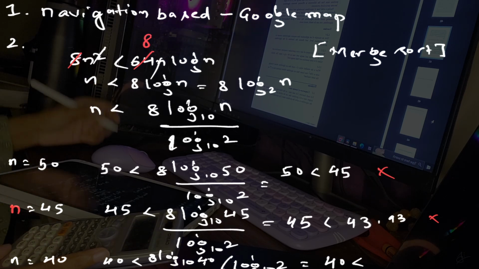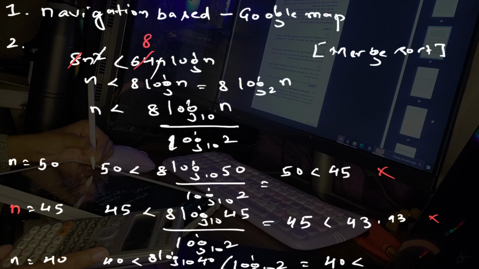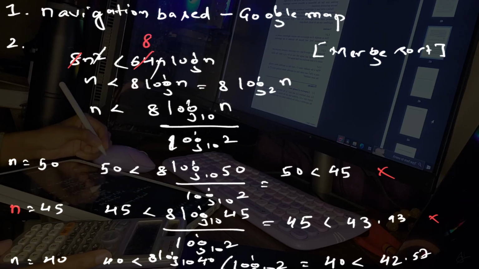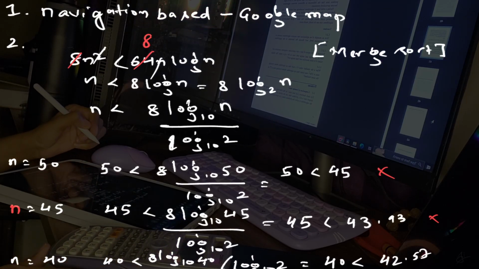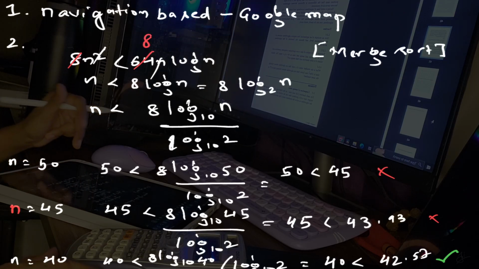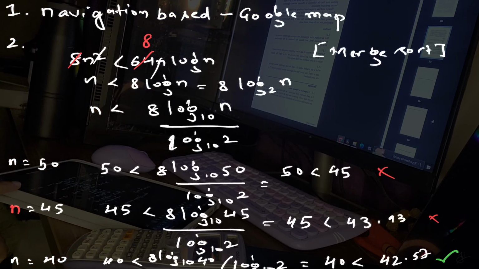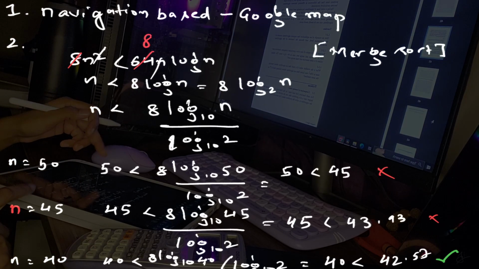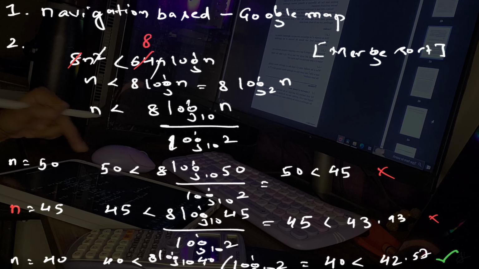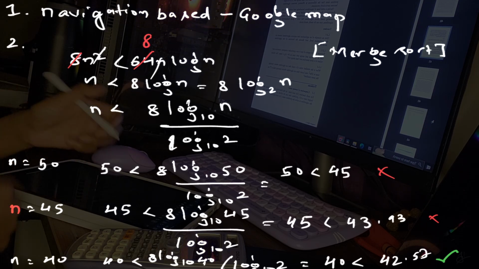That is 5.32 multiplied by 8, so it is 42.575. Okay, so this one suffices. Now it could be that 41, 42, 43 or 44 suffice. So let's check till where it is applicable. We tried 40 and 45: 45 does not suffice, 40 suffices.